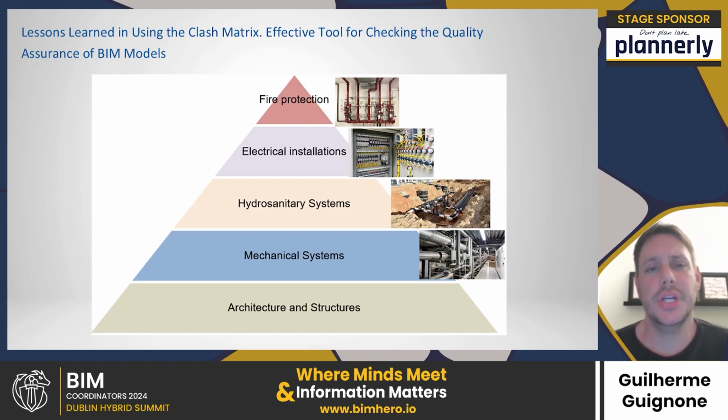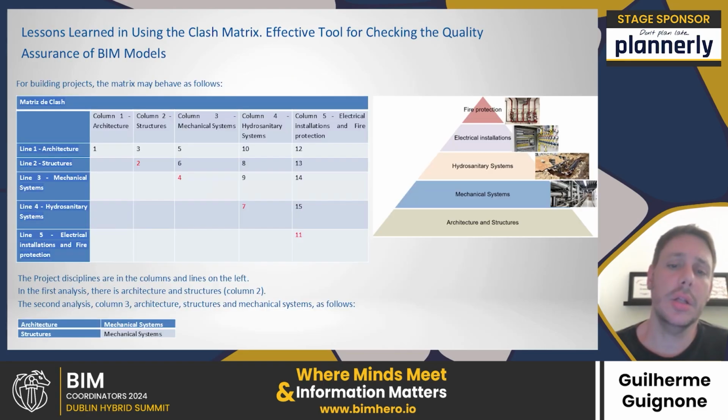For building projects, the matrices may behave as follows. The project disciplines are in the column and lines on the left. In the first analysis, there is architecture and structure, column 2.